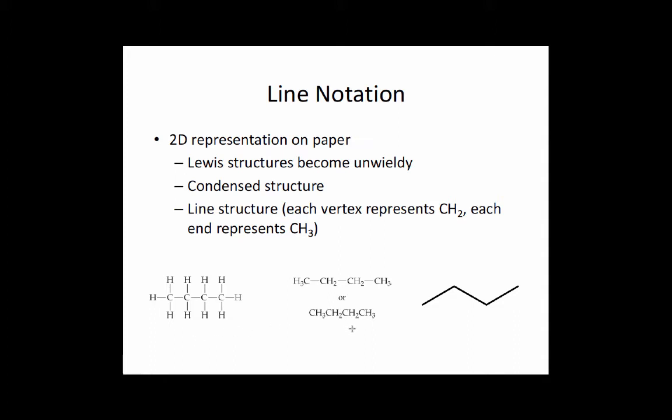This is the condensed structure that we would use for this same molecule over here on the left. You see the carbon on the very left has 3 hydrogens attached to it, so that's our CH3. Then we have a carbon with 2 hydrogens attached to it, that's our CH2, and another carbon with 2 hydrogens attached to it, another CH2.